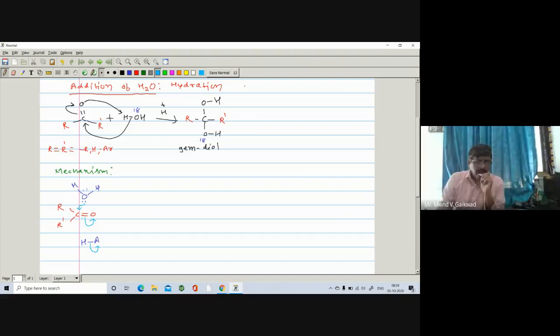Instead of writing the pi bond opening onto the oxygen, we can directly write the attack of this pi bond on this hydrogen also, right? It also works, but the correct way is to write the pi bond opening onto this H positive, and you get the corresponding transition state. So what is the transition state? Here is R, here is C, here is R dash, and here is oxygen, here is oxygen, right?